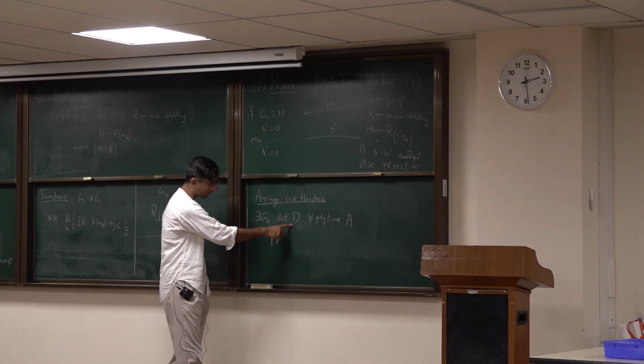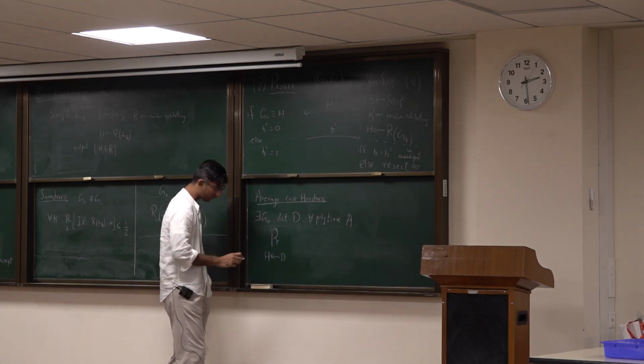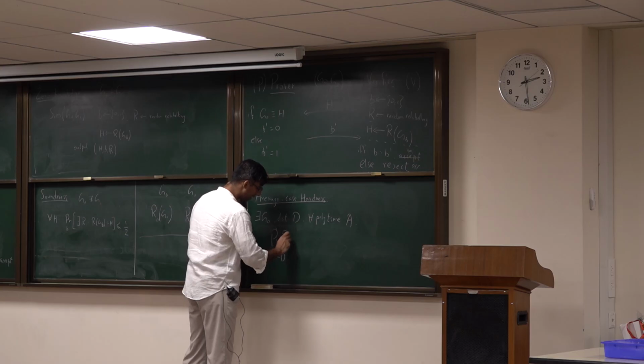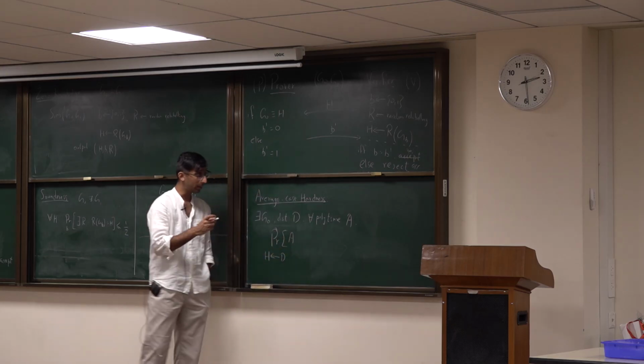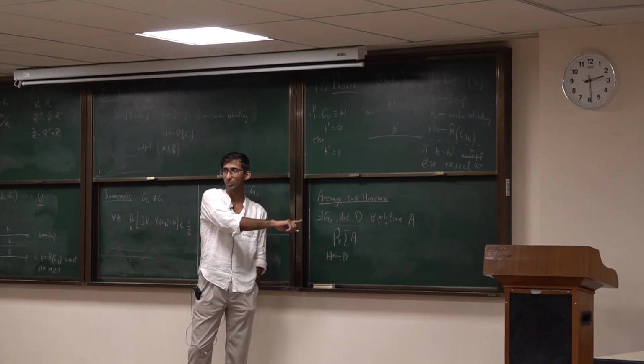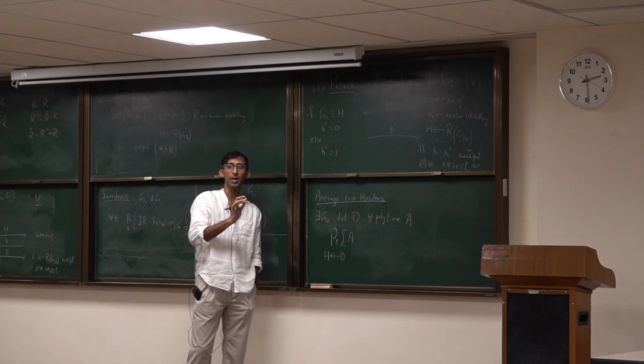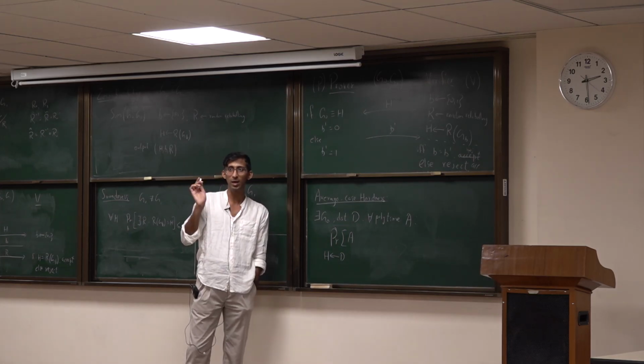H is a distribution over graphs, so I sample H from D. A's job is to determine whether H is isomorphic to G0, and I'm going to assume that it cannot do that. This is the kind of hardness I want.